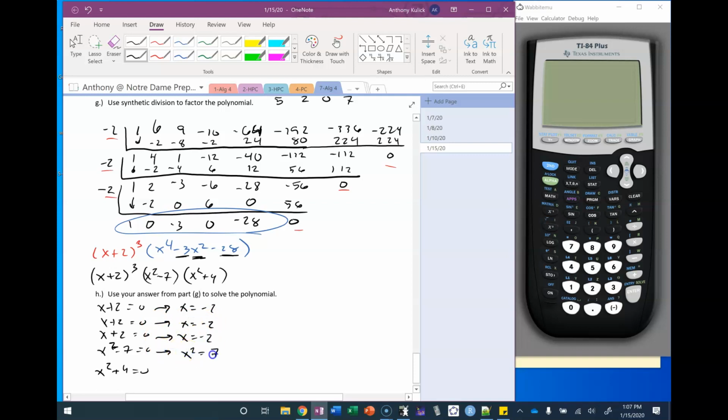When I add the 7 over and then I square root both sides, I get plus or minus √7. When I subtract the 4 over and square root both sides, I get plus or minus square root of -4. Because I'm square rooting a negative, I know I'm going to get an i. And because the square root of 4 is just 2, I'm going to have x equals plus or minus 2i. Okay.